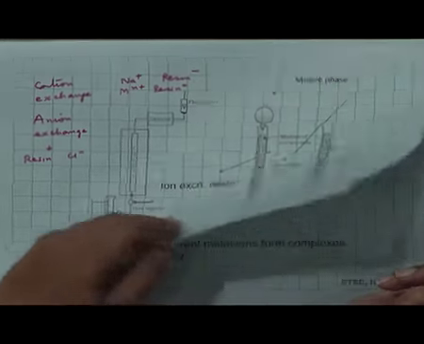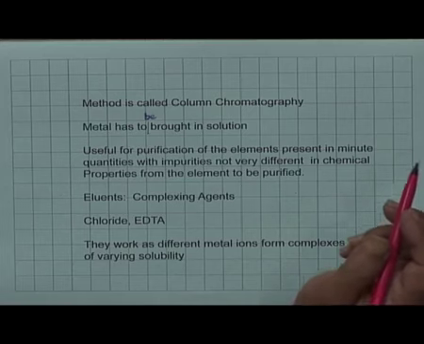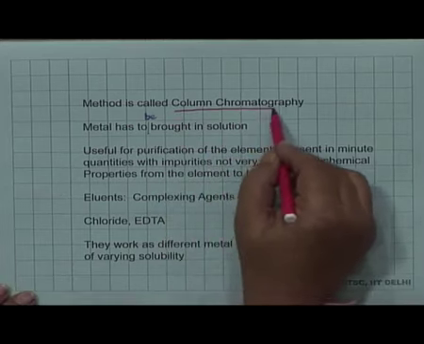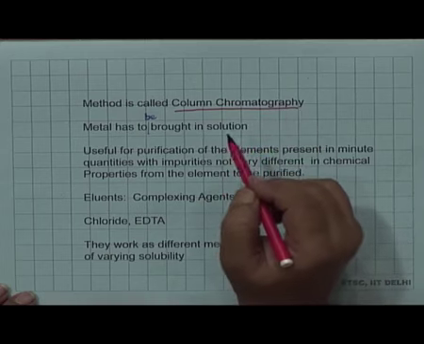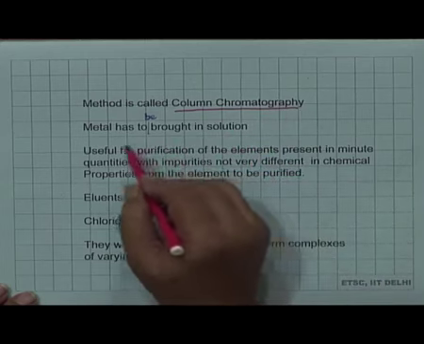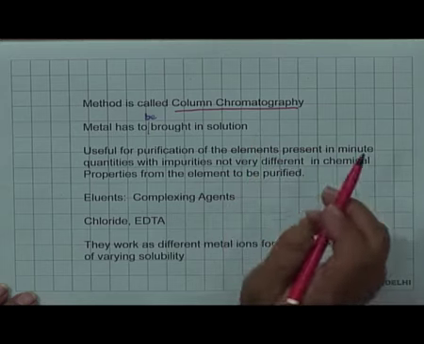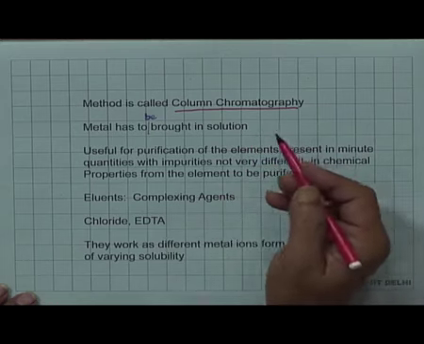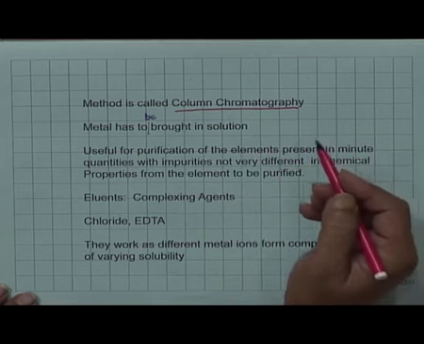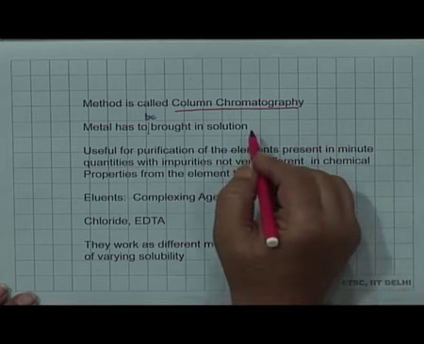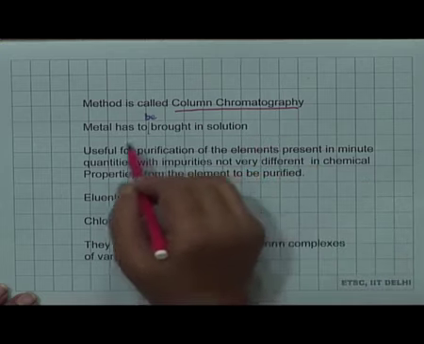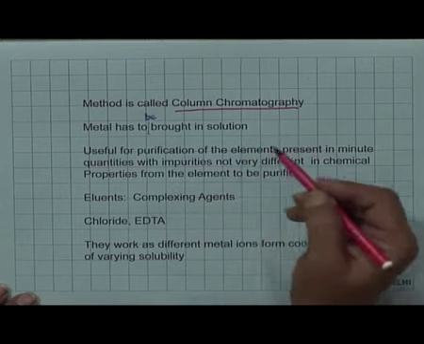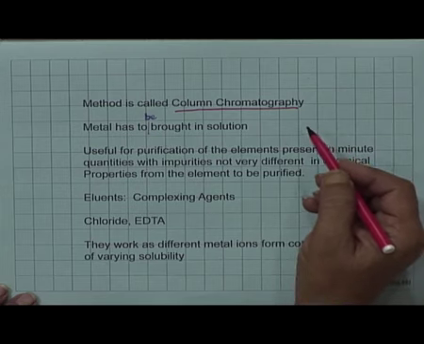Let me take a few examples of this kind of separation based on column chromatography. The first thing is that impure metal has to be brought into the solution. Suppose we have brought impure metal into the solution, then the question may be asked: can this procedure separate a kilogram amount of metal ion?